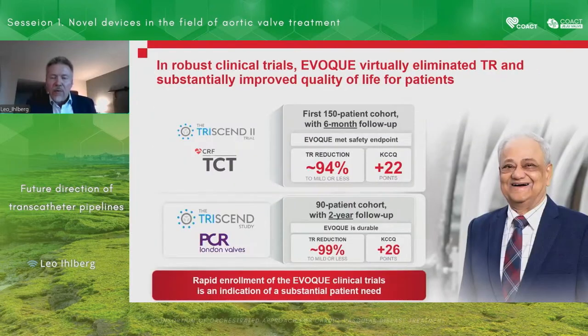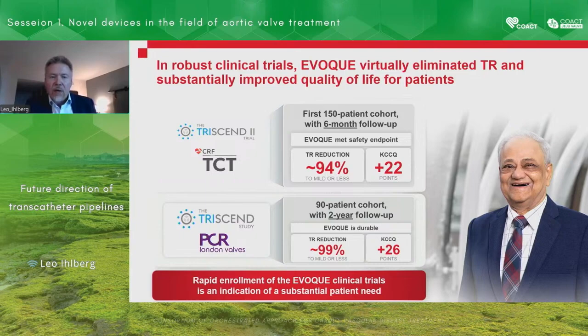Some of the clinical results shown come from the TRISCEND II trial, where with the first 150 patient cohort at 6 months follow-up, the safety endpoint was clearly met, and obviously, as one should be seeing in a replacement valve, we pretty much virtually eliminated the TR in these patients and showed a substantial improvement in quality of life as well.